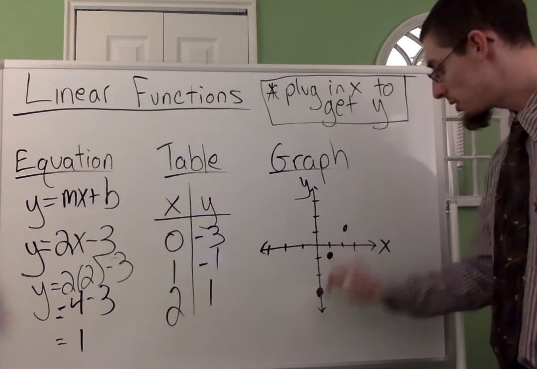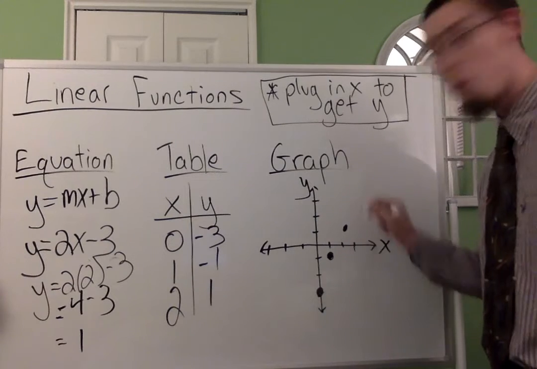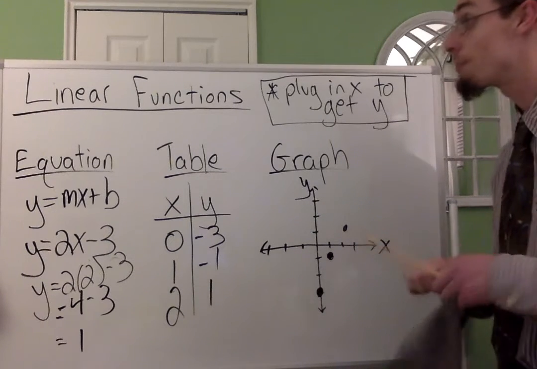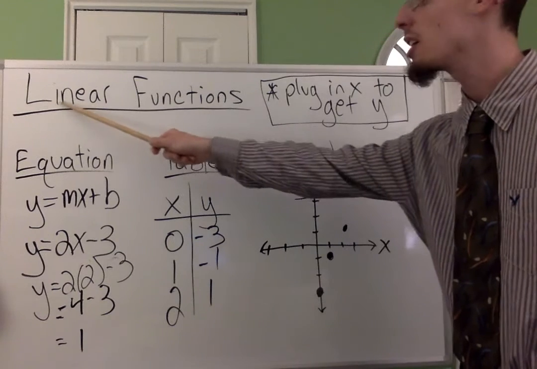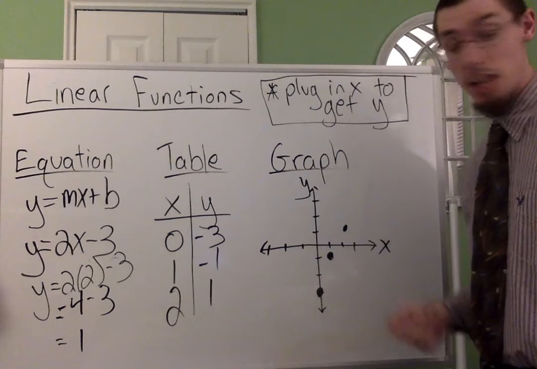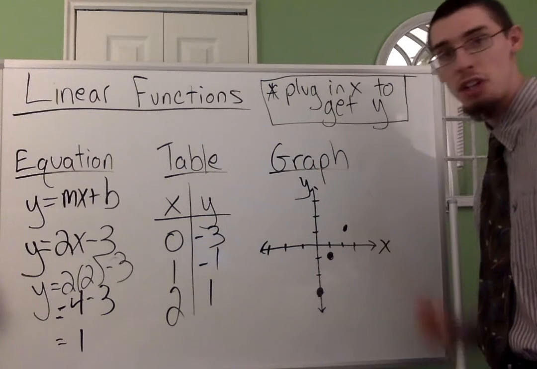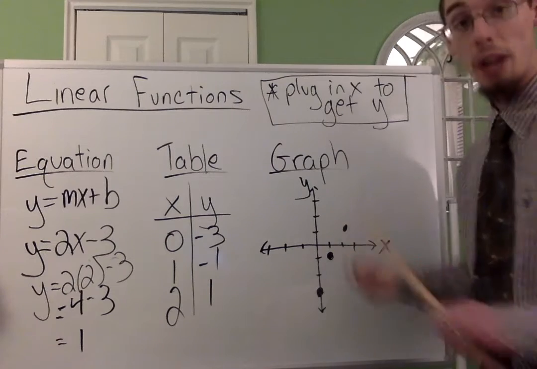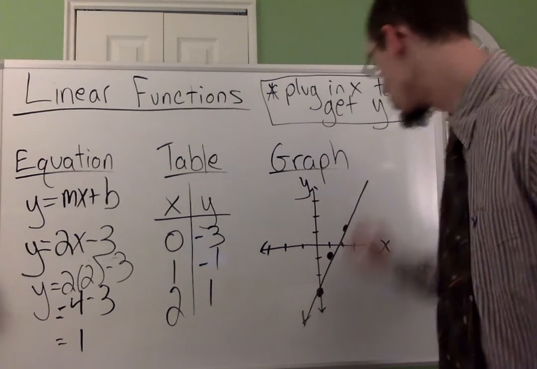Now you might notice these 3 points here, they all kind of form a straight line. Oh, you mean like the fact that the word linear has the root word line? Yes. So a linear function is going to have a line as the shape of its graph. So what I can do is just literally draw a line through them.